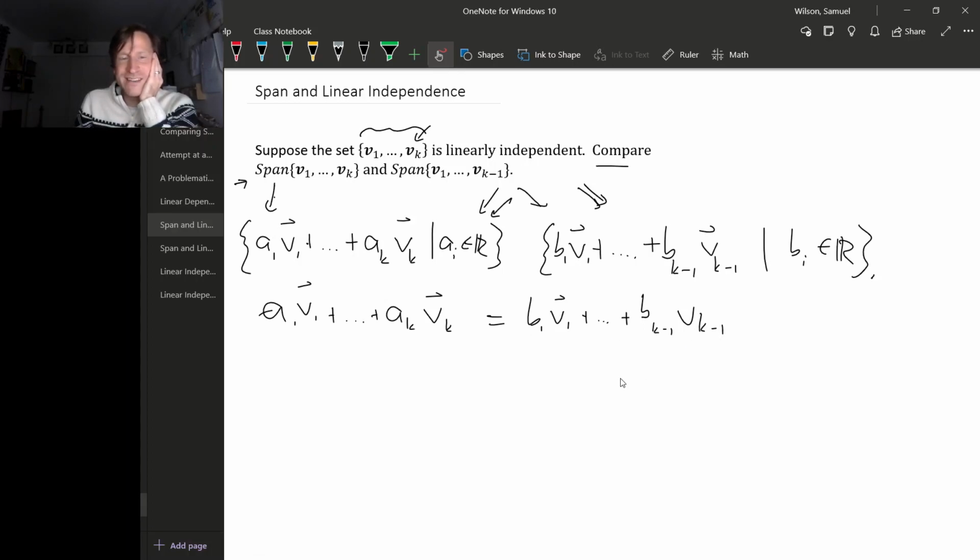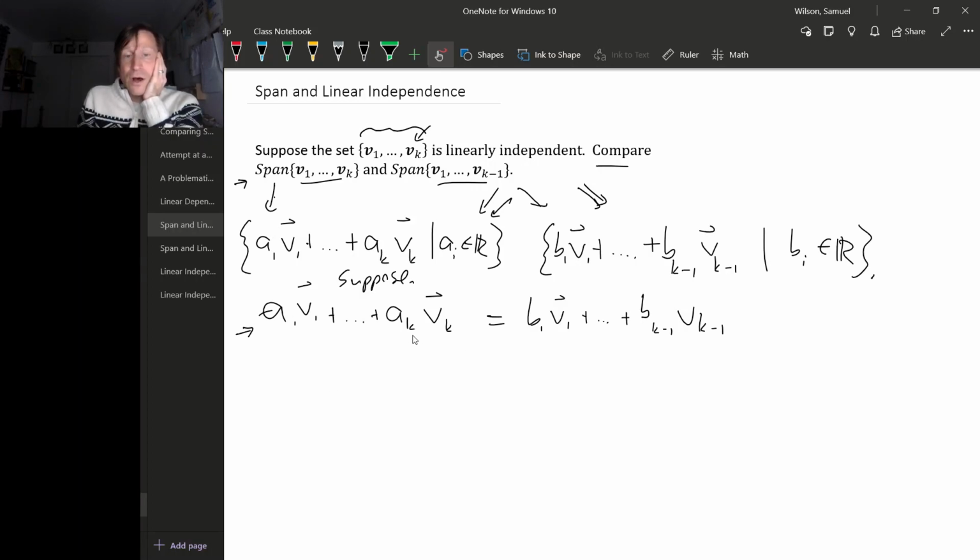What we're checking is, can we get every vector in the whole span just using fewer vectors? We're supposing that we can.